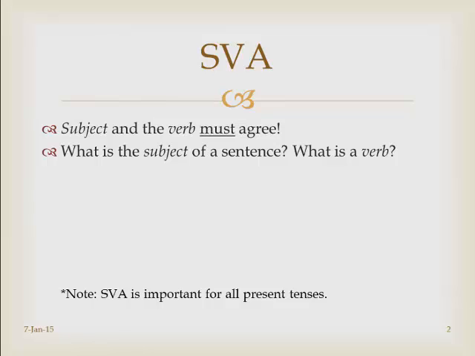Subject-Verb Agreement, or SVA, is actually a very important English grammar rule whereby the subject and the verb in a sentence must agree. Well, the question that we want to ask is, what exactly is the subject of a sentence and what is a verb?